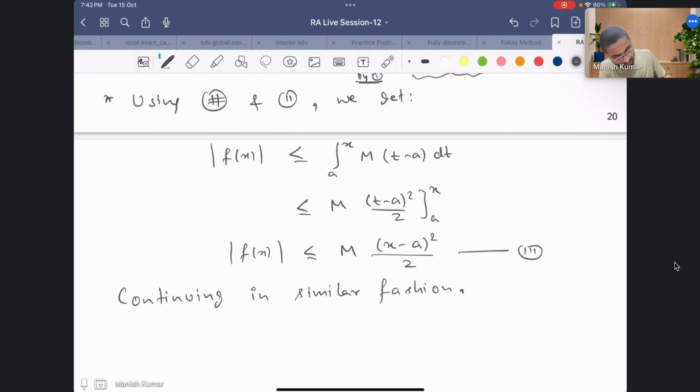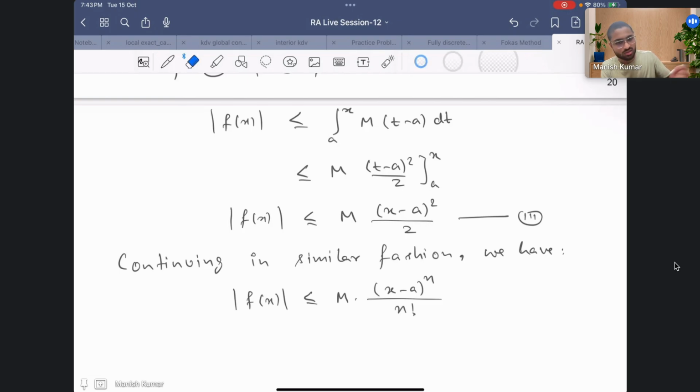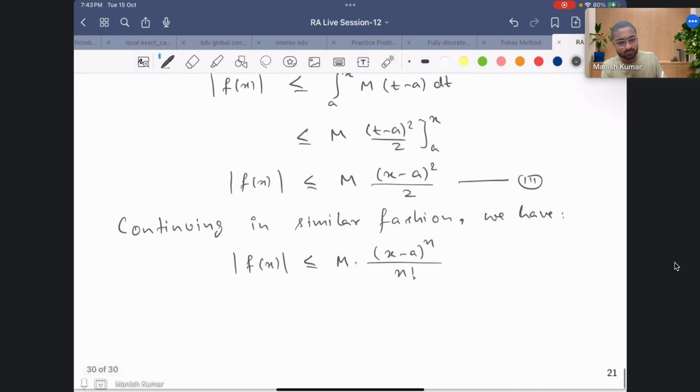we have that f of x is bounded by M times (x minus a) raised to the power n upon factorial n. Because if you integrate again, you will get 2 times 3 in the next term, that is 3 factorial, so you get this kind of expression. This is true for all n.